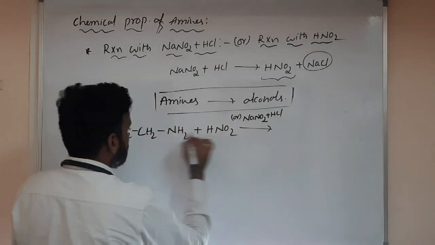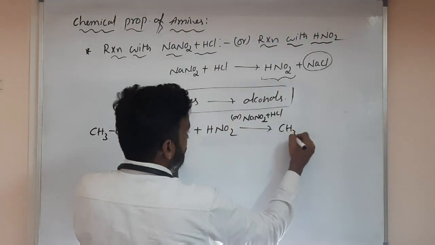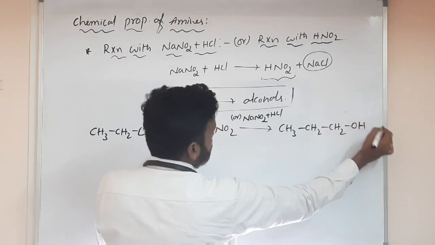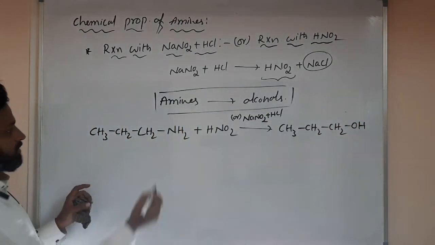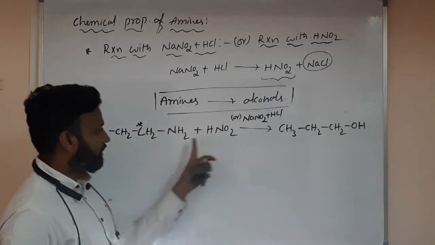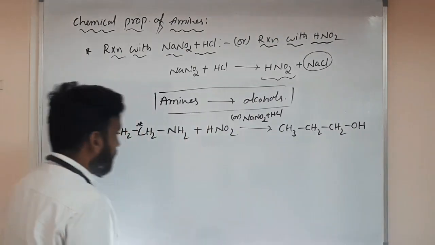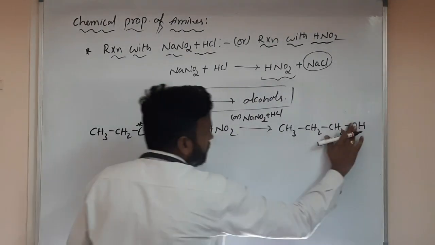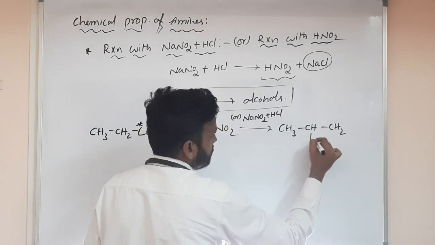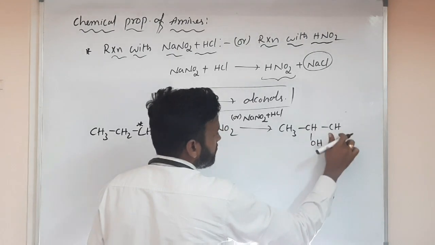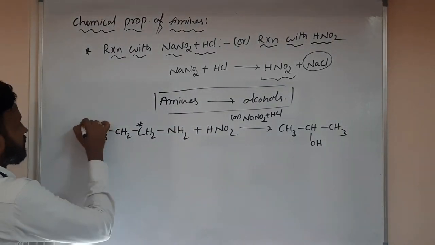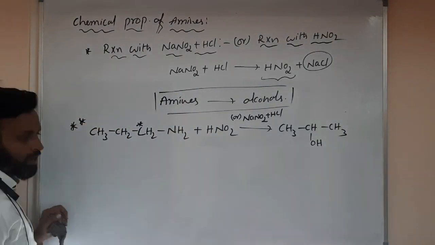So we think instead of NH2, you will have CH3, CH2, CH2, OH. Sir, this is the product, sir. Because at this first carbon you have NH2, so in place of NH2, you are having OH. No, this is not the product. The correct product is here, this will be CH3. Understanding? So these are the exceptional things.